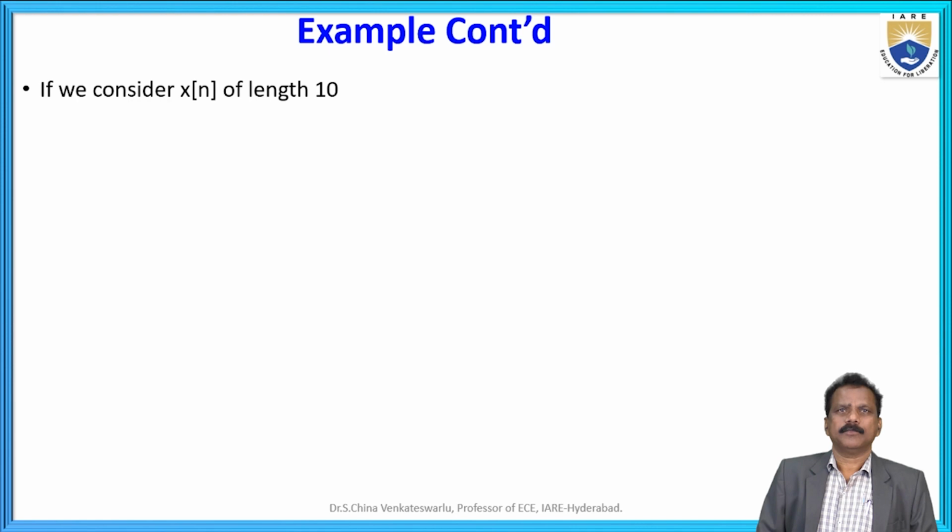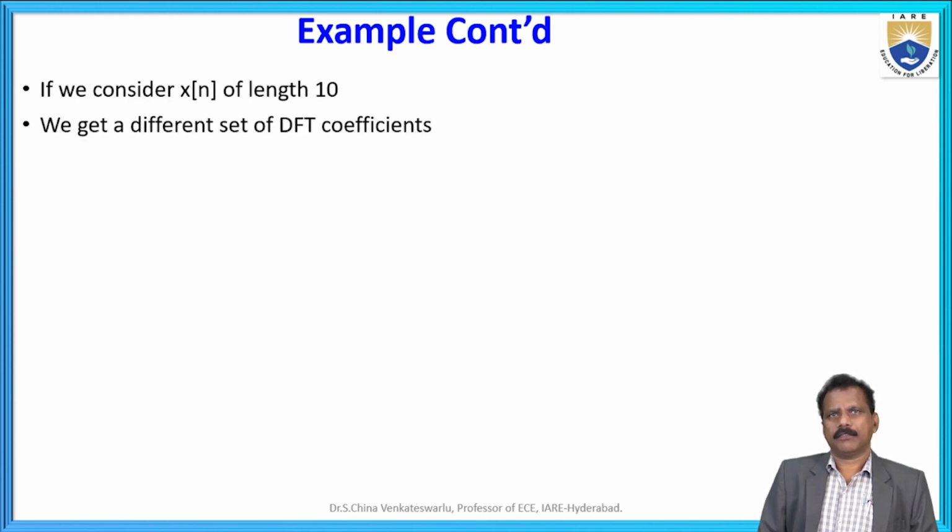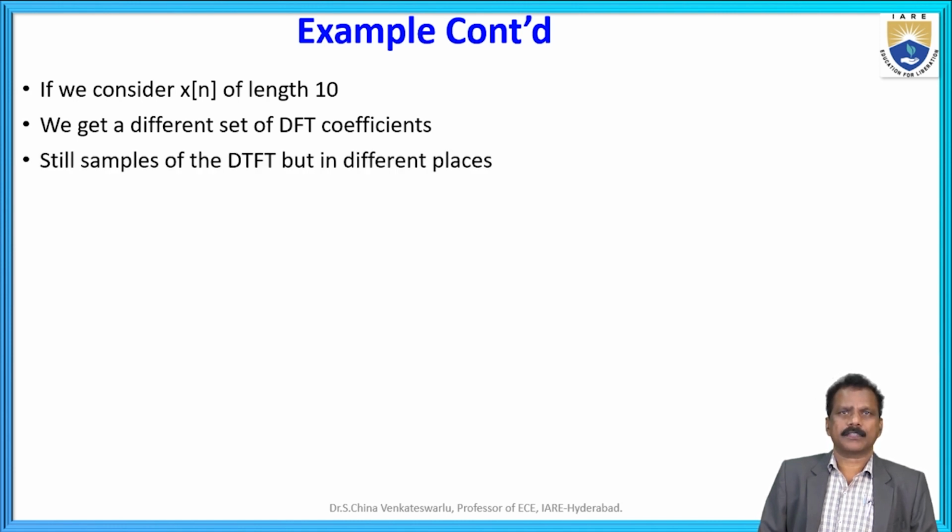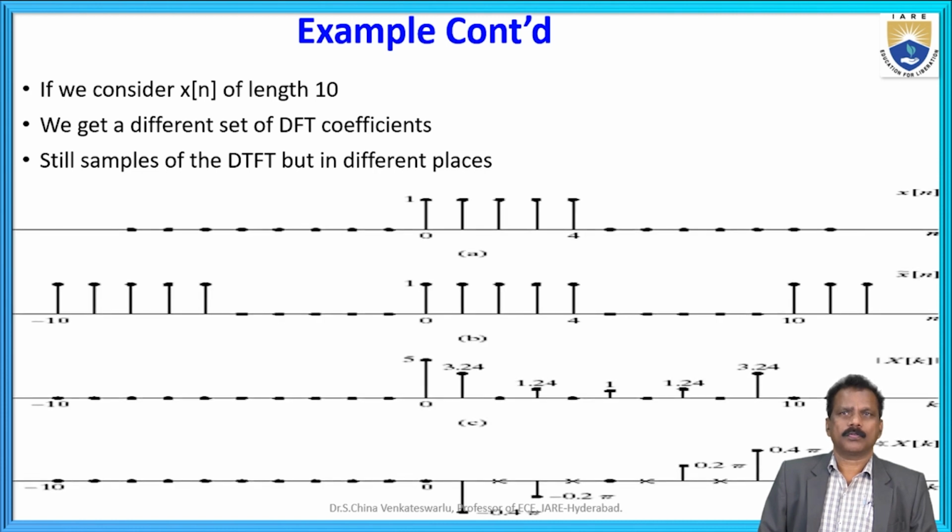If we consider x of n of length 10, we get a different set of discrete Fourier transform coefficients. They are still samples of the discrete Fourier transform, but in different places. How? Here x of n is 0, 1, 2, 3, 4.